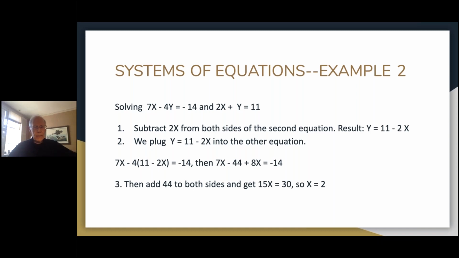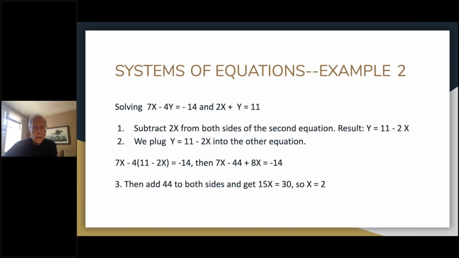Then we just simply need to solve that equation. So we multiply the numbers in the brackets to start with. We get 7x minus 44 plus 8x equals minus 14. Pretty easy to see that we can add 44 to both sides, and we're going to get 30.